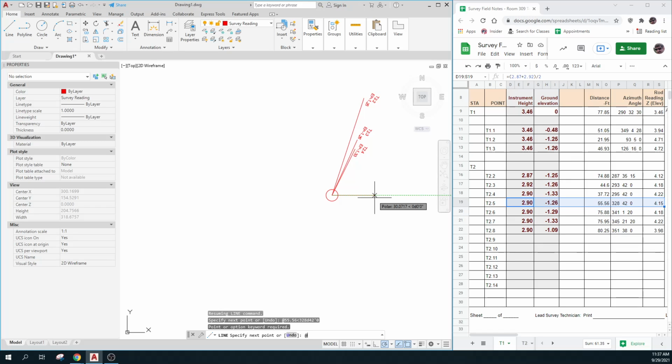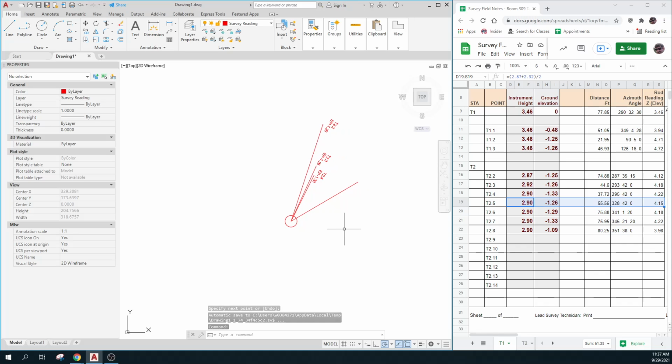From where I'm at, 55.56 at an angle 328 degrees, 42 minutes, 0 seconds. There we go. And looks kind of like a 90-degree angle. And that's T2.5.